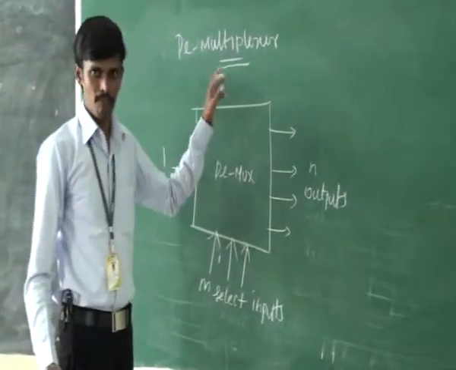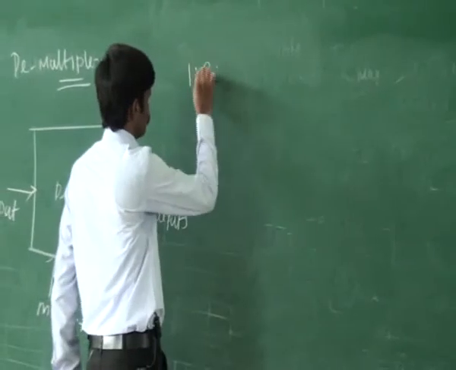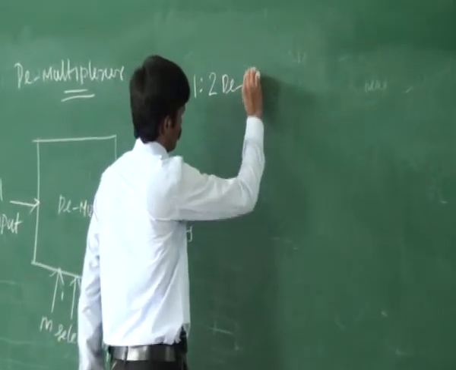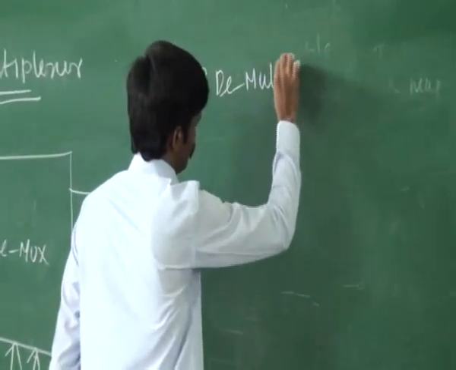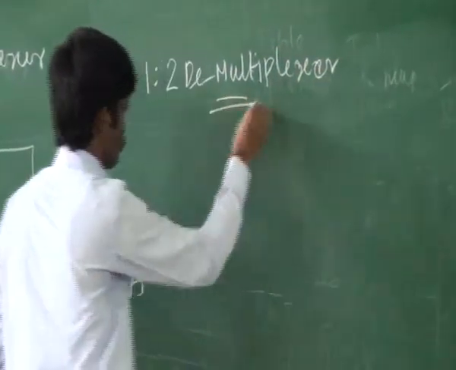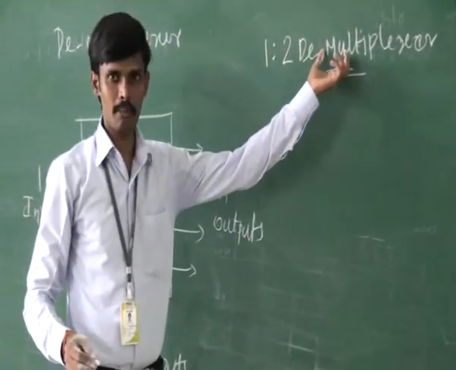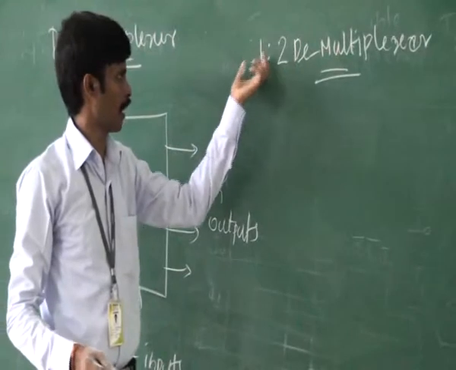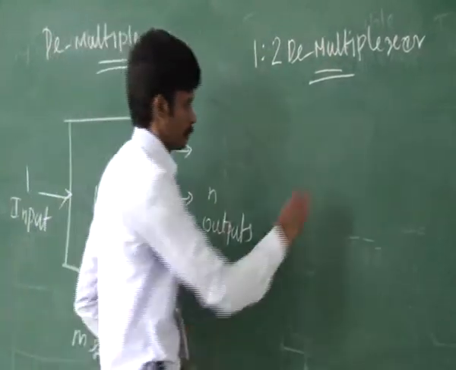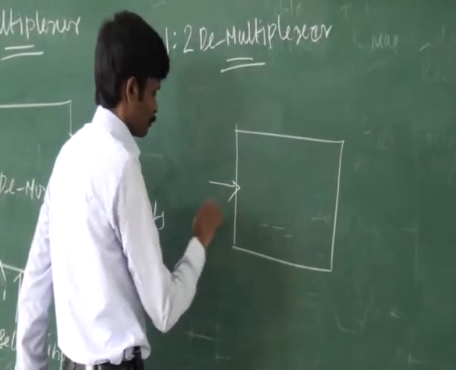Next let us see 1 cross 2 demultiplexer. This 1 cross 2 demultiplexer consists of one input and two outputs. Now let us see the basic block diagram for 1:2 demultiplexer.